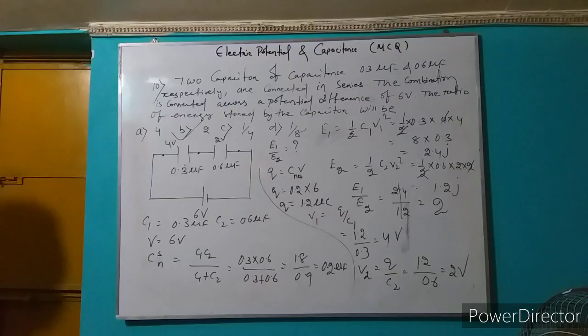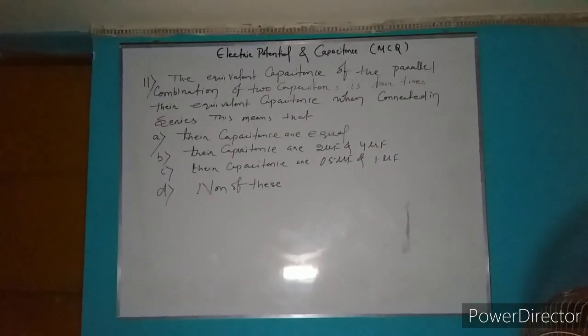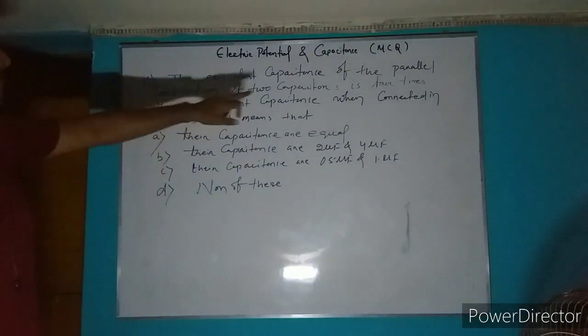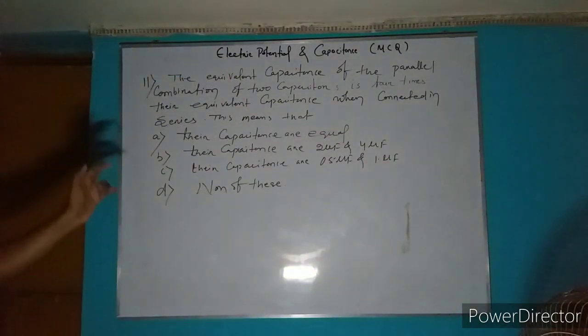Okay. Now my next question. The equivalent capacitance of the parallel combination of two capacitors is 4 times their equivalent capacitance when connected in series.